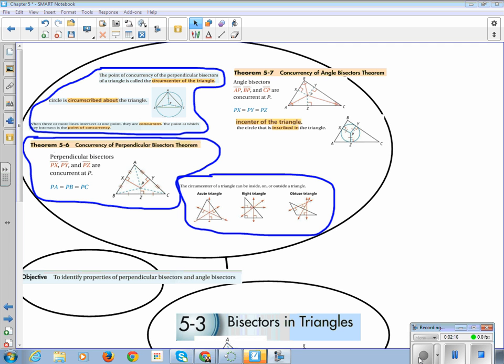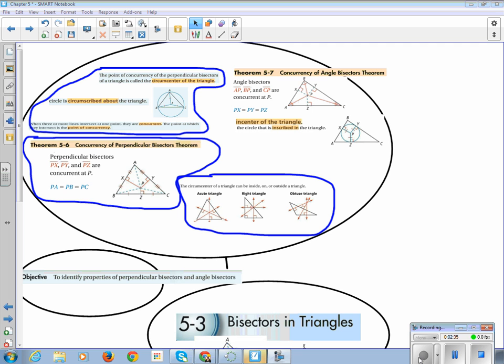So a circumcenter is the perpendicular bisectors. A circle is circumscribed about a triangle if it looks like this, where the circumcenter is the center point of your circle.